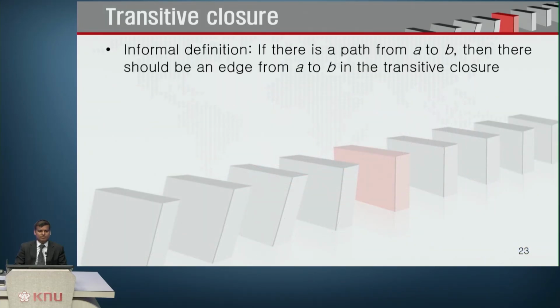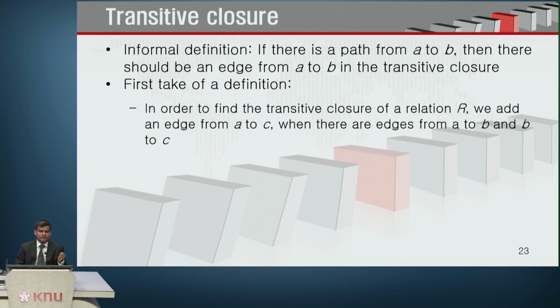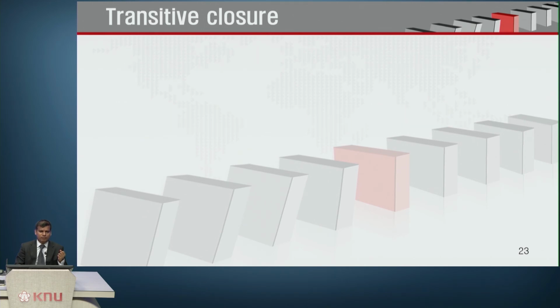Anyway, we'll examine further the informal definition. As we can see, if there is a path from A to B, then there should be an edge from A to B, generally speaking of transitive closure. Let's take this definition. In order to find the transitive closure of a relation R, we add an edge from A to C when there is an edge from A to B and B to C. So that's like talking about this part.